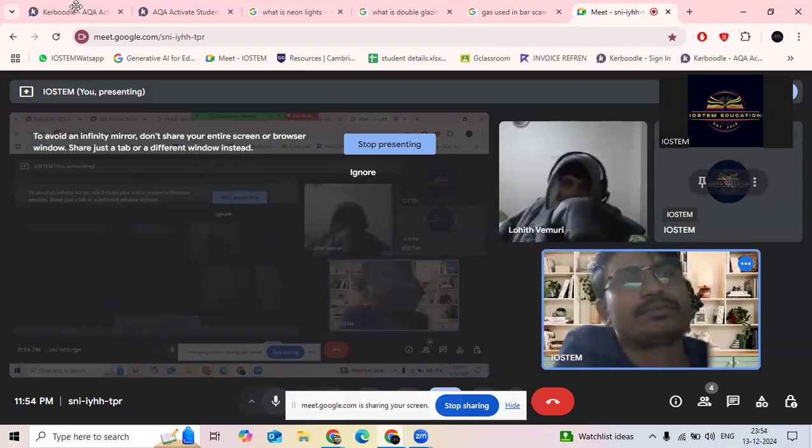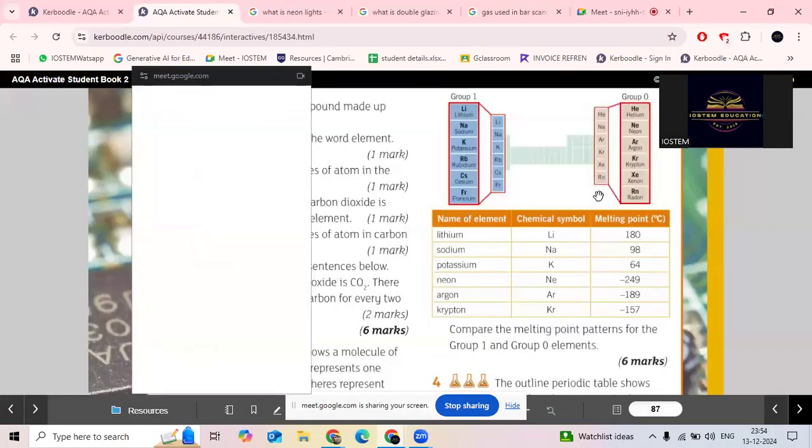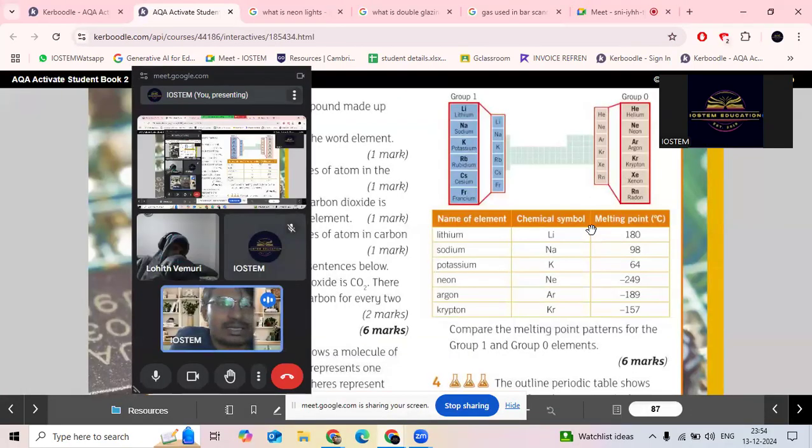Anyway, our main motto is to get more marks. They have given this question for 6 marks, so there should be some pattern, right? Oh no, they have already given the values here, right? Neon, argon, and krypton. So you don't need to remember these things.